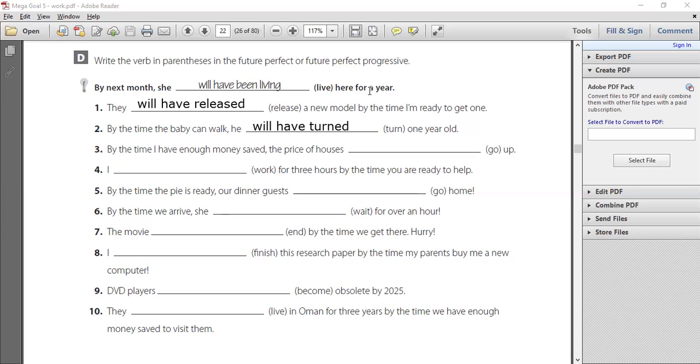So here, Farah, what do you think? Will have been going up or will have gone up?